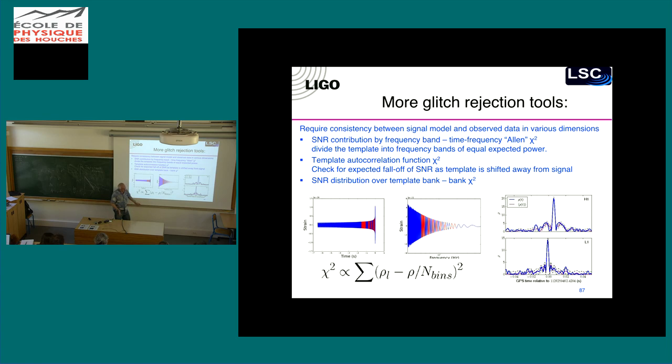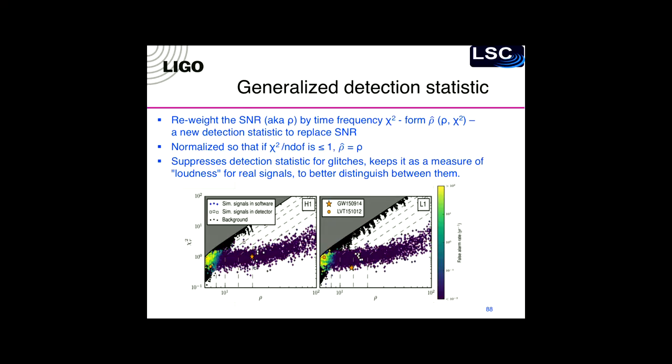We don't know the noise as a function of time. We chop it up, construct a chi-squared, and as I said before, the chi-squared will dip just as the signal-to-noise ratio will peak, and a combination of them will give you a better detection statistic than signal-to-noise ratio alone.